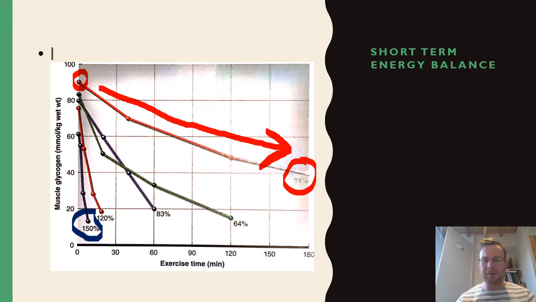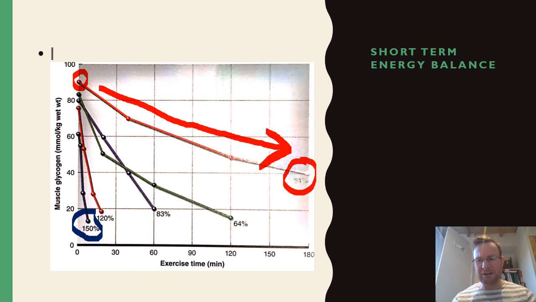So what we draw from this is higher intensity exercise will use glycogen stores more rapidly than low intensity. That's fairly straightforward, you can imagine that. Generally, for most exercise below 60 minutes or so, the glycogen stores don't have a massive impact upon fatigue.